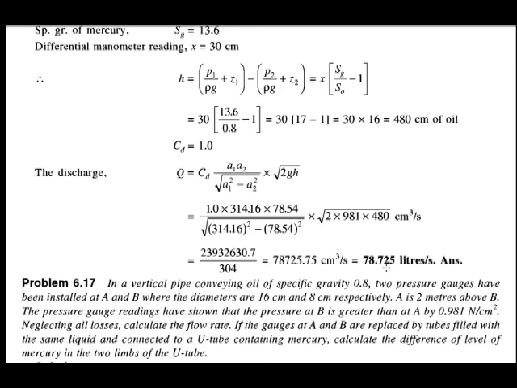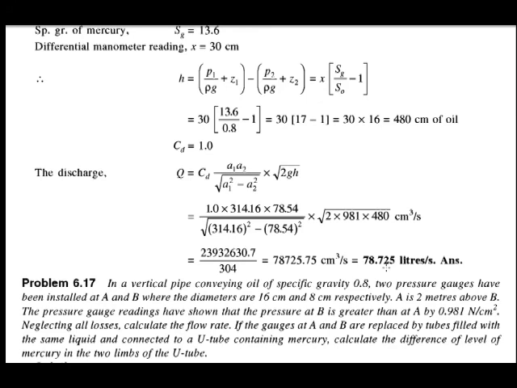So in this lecture we have seen what is meant by the venturimeter. First we have seen the applications of the Bernoulli's equation. In that, we selected the first device as venturimeter.